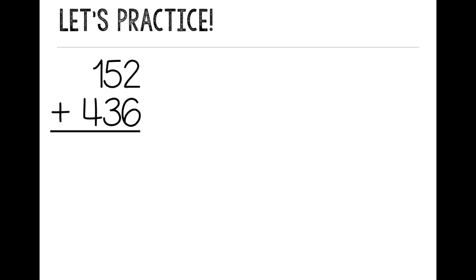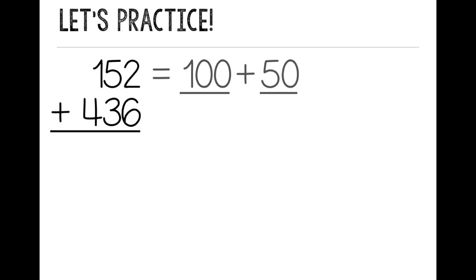So 152 in expanded form: I look first at the hundreds place and I see a 1. So that's 100. Then I look at my tens place. I see a 5, so that's 50. Then I look at my ones place, and there's a 2, so I have a 2. So 152 is the same thing as 100 plus 50 plus 2.